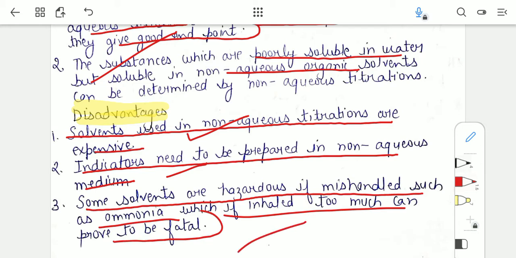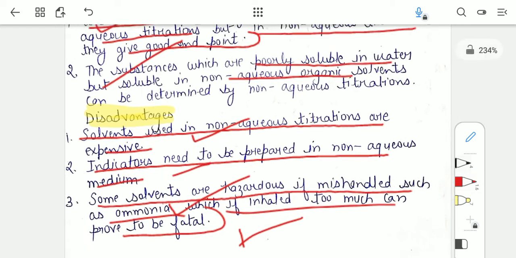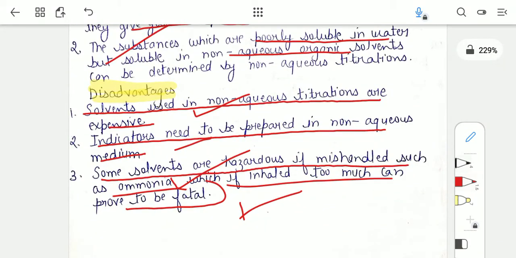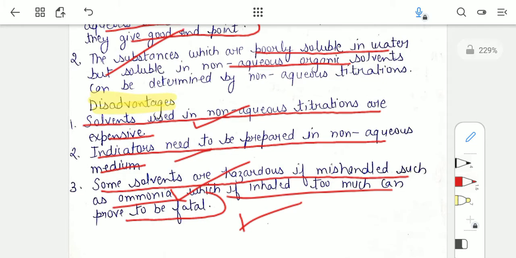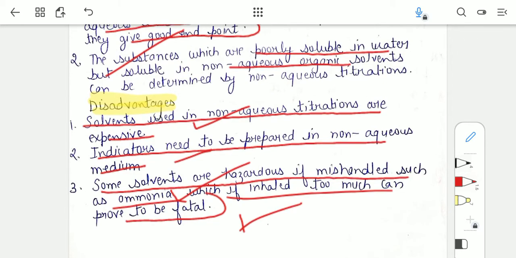So ammonia is also a non-aqueous solvent, but it is dangerous if we inhale it. Some non-aqueous solvents are dangerous, so that is why this titration can be dangerous. These were all the disadvantages of our non-aqueous titration.